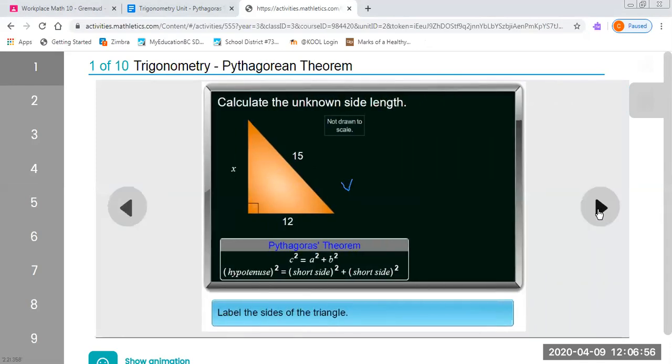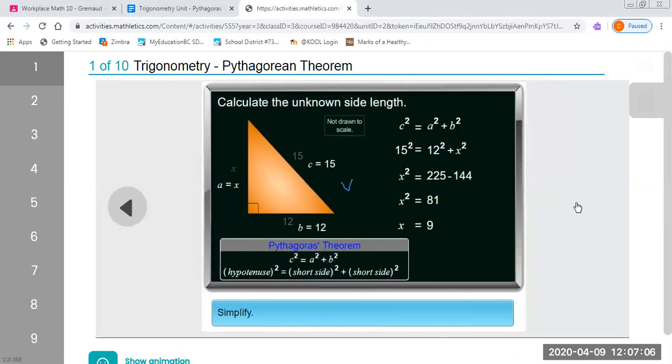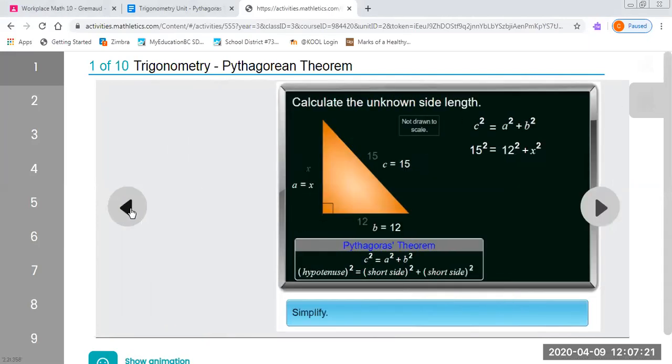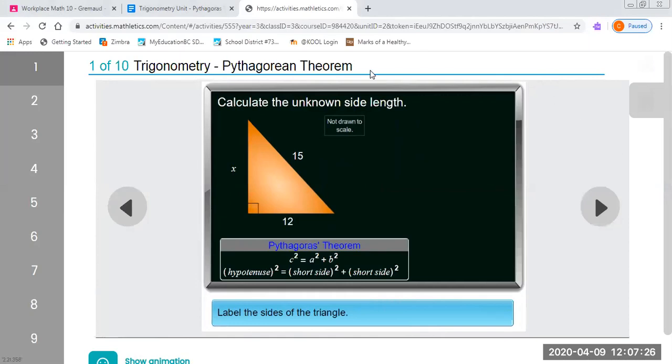You can press there and it will walk you through how you would solve it and explain to you the process for solving a question like this. This program is designed to actually physically walk you through this entire step. You can backtrack and take a look at this as many times as you want. That will help you.